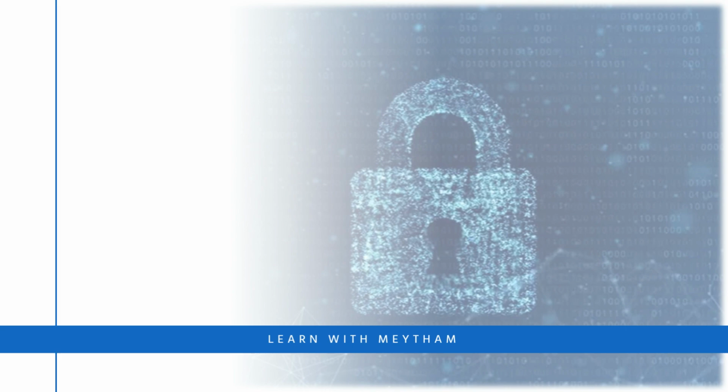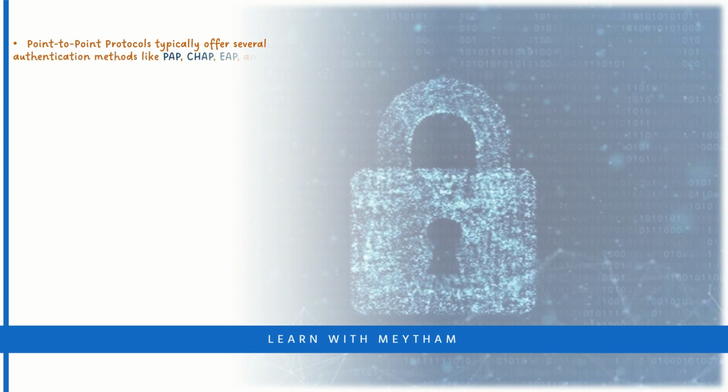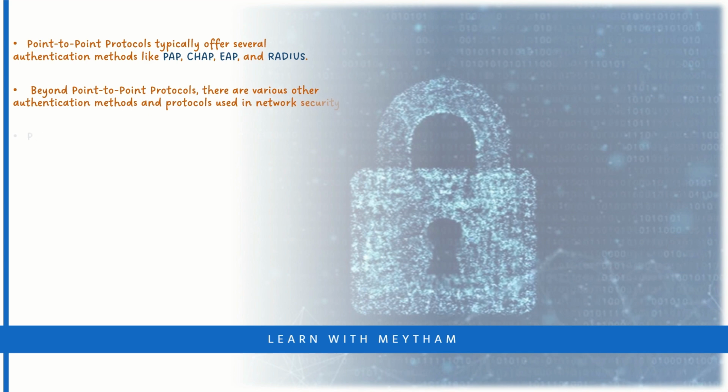Let's explore some of the most common authentication protocols. One of the first authentication protocols we want to talk about is point-to-point protocols, or PPP. Point-to-point protocols typically offer several authentication methods like PAP, CHAP, EAP, and RADIUS. Beyond point-to-point protocols, there are various other authentication methods and protocols used in network security.